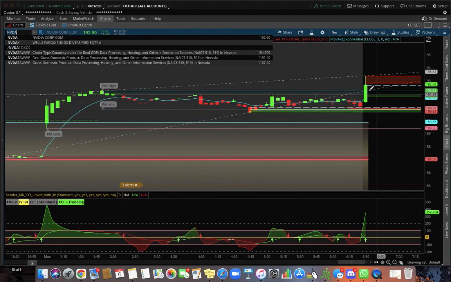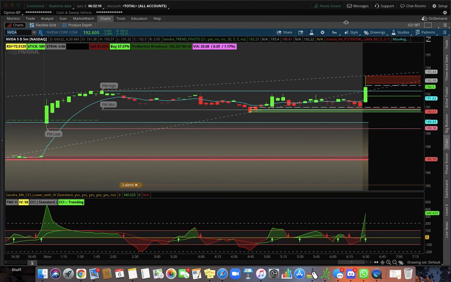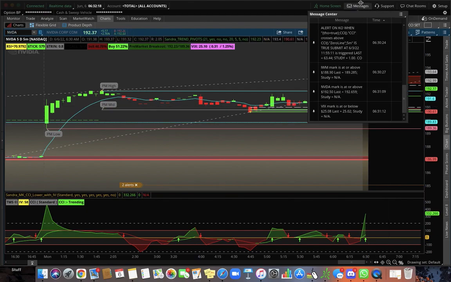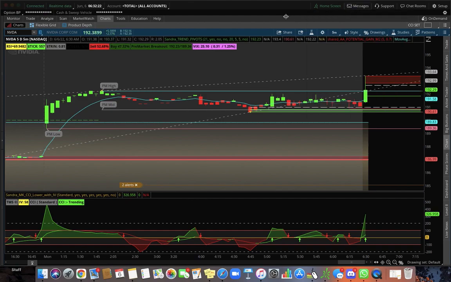So look at how NVIDIA has broken through the high on a 5 minute, and it's in the middle of the power lines, right? We had 192.50, and now we're at 192.20.